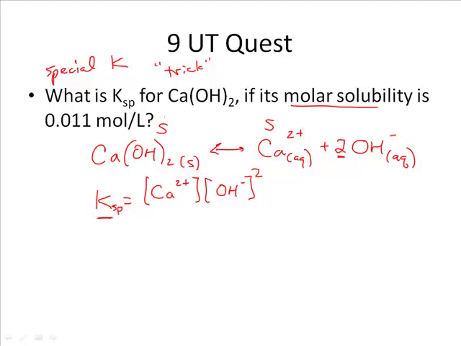Now, why is it just the same variable? Because it's a 1-to-1 ratio. For every 1 calcium hydroxide that breaks up, you get 1 calcium. However, if I look at the OH, how many OHs do you get for every 1 calcium that breaks apart? Not 1, but 2. So this is going to be S times 2.